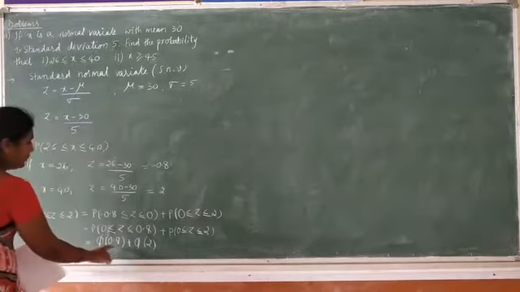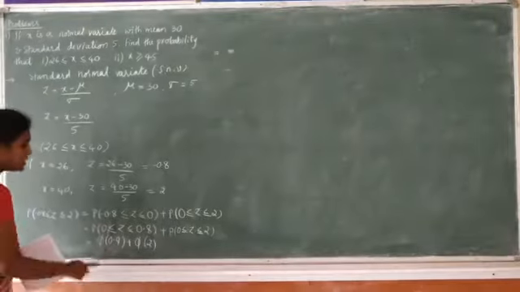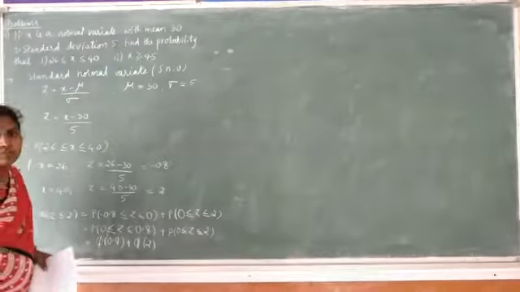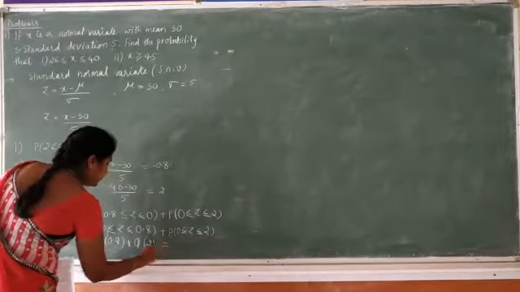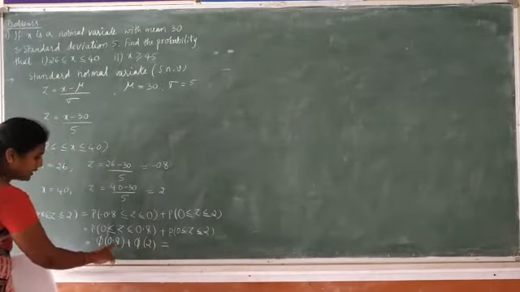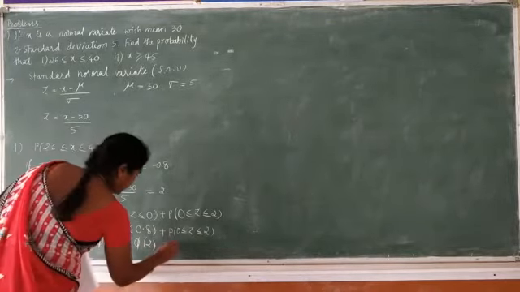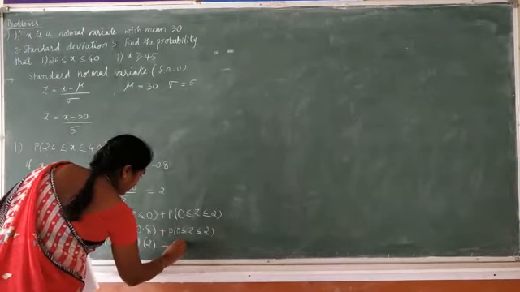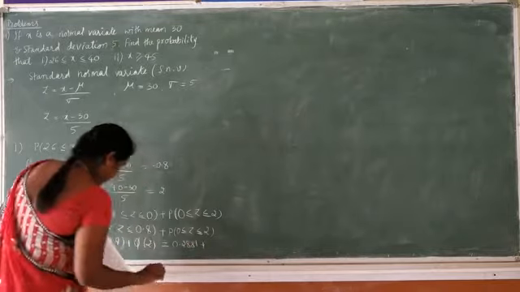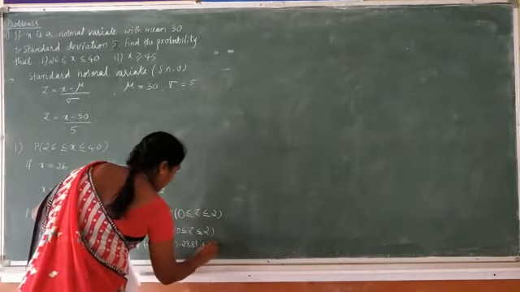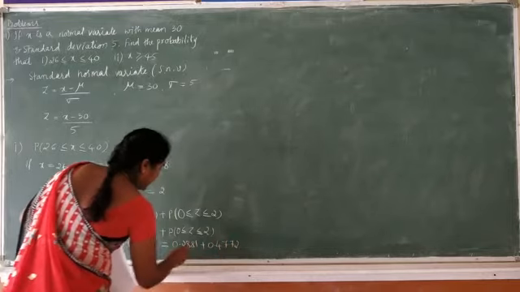These are nothing but phi of z values. These values we substitute from the table which was shown. Phi of 0.8 is 0.2881, plus phi of 2 is 0.4772.